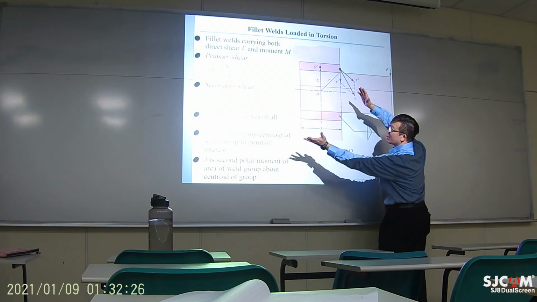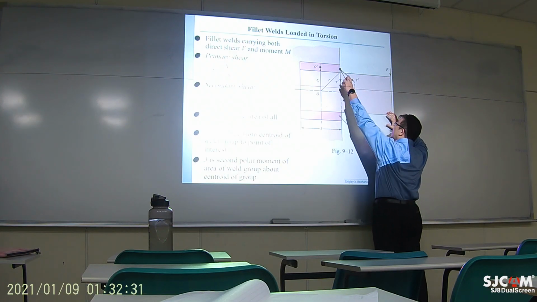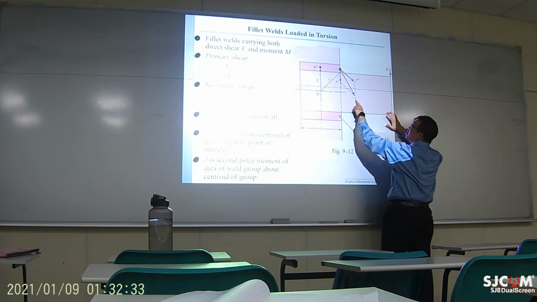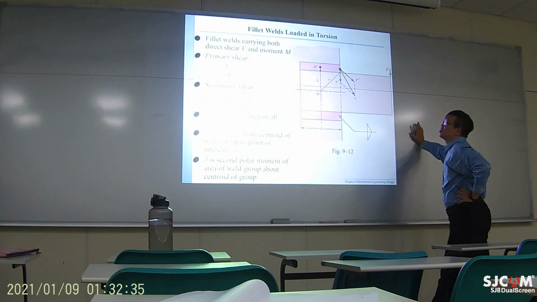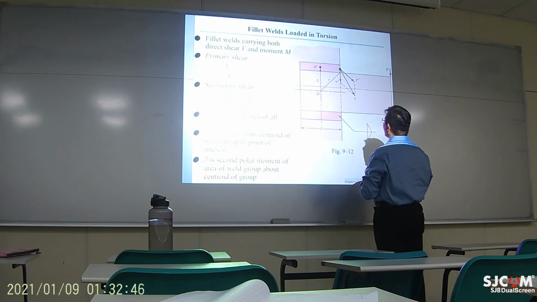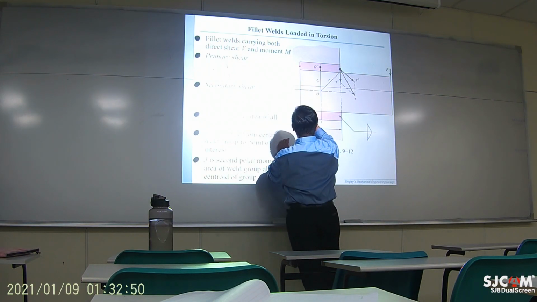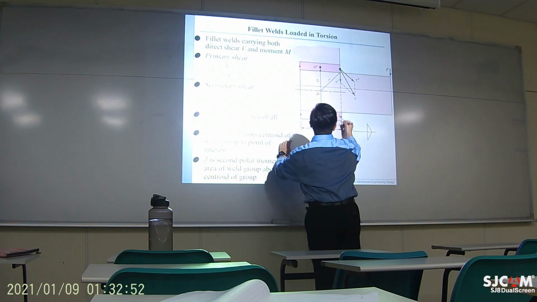So with the combination of both, the total shearing stress at this particular point is actually here, a combination of two vectors. So the main point is that you need to figure out this total shear everywhere. So if I make a drawing of some critical points, like this one, and this one, okay?